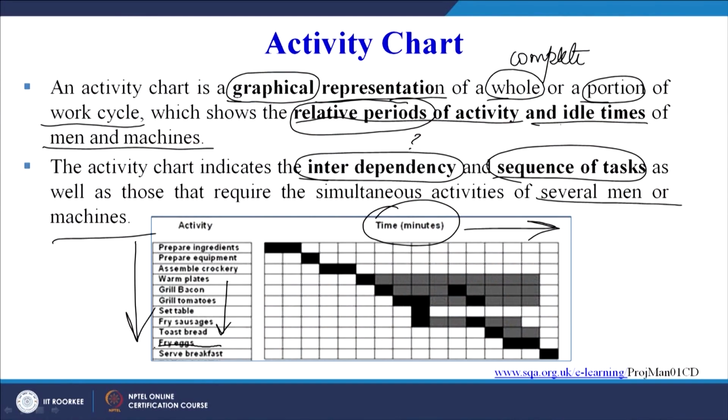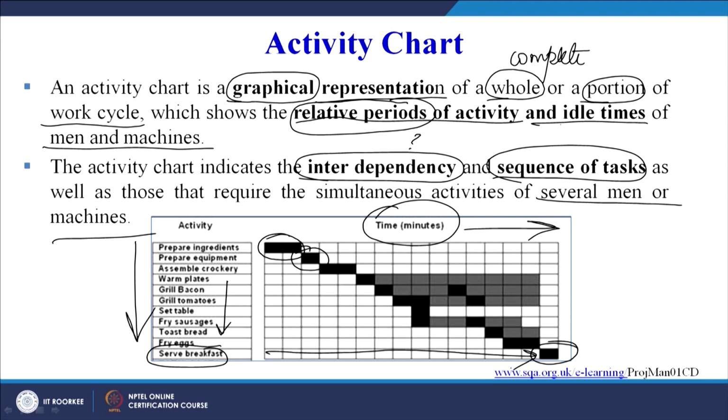So these are the activities being done. What is the overall target? That is serving the breakfast, and the time is also given. So in the time we can see, first we have to prepare the ingredients, it is given in minutes, then prepare the equipment, and the last activity here is serving the breakfast.